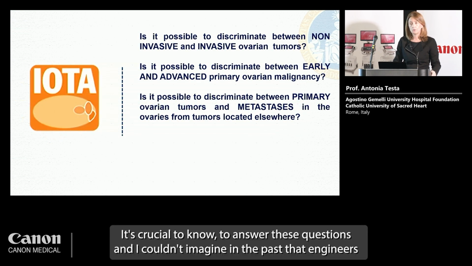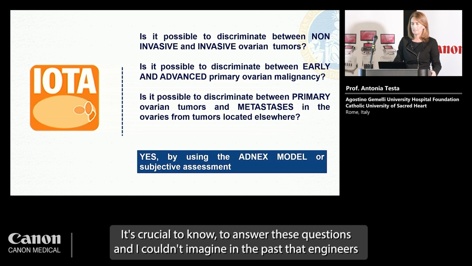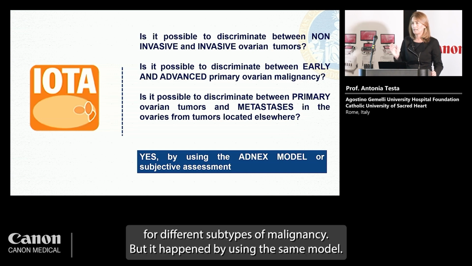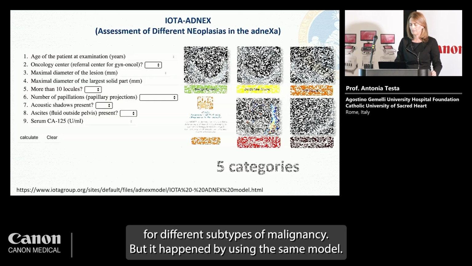So it's crucial to answer these questions. And I couldn't imagine in the past that engineers could develop a model able to provide also the risk for this categorization for different subtypes of malignancy.